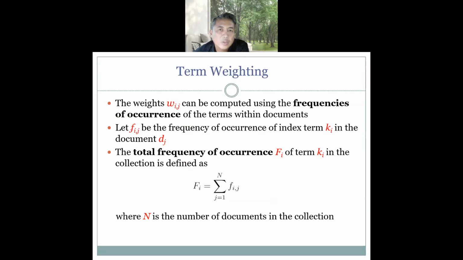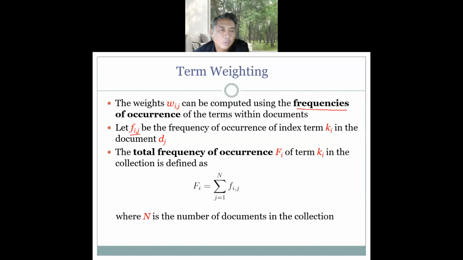The weight that we use here will be the frequency. The frequency will be used as the benchmark to represent the index term. For example, let Fij mean the frequency of keyword i in document j.